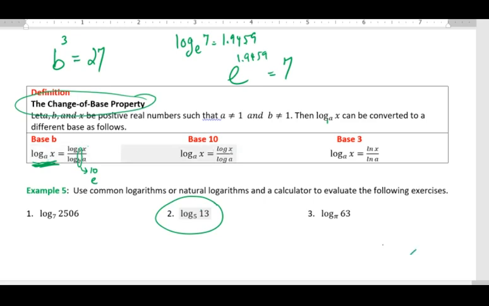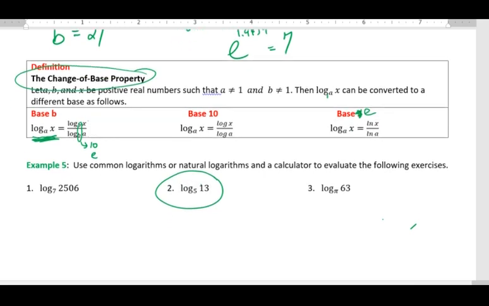And so we'll use base 10. It would look like log of x divided by log of a. Base e, this should be e, would be log a of x would be equal to natural log of x divided by natural log of a.